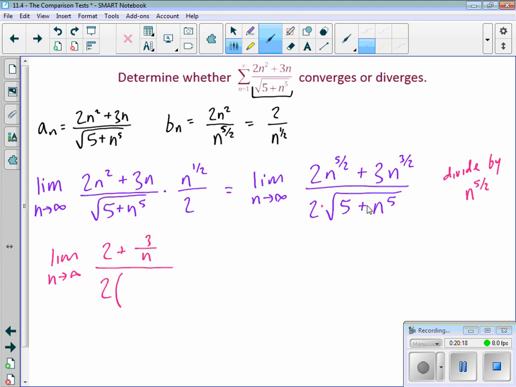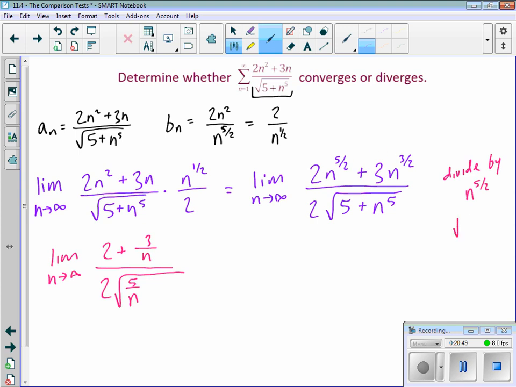So instead of applying it here, we're going to apply it to this piece. So this will be 5 over, oh, sorry, I lost my square root there. And this will be 5 over n to the, no. When we're dividing by n to the 5/2, that's what we do when it's not under a square root.